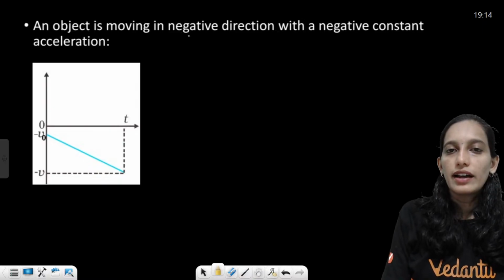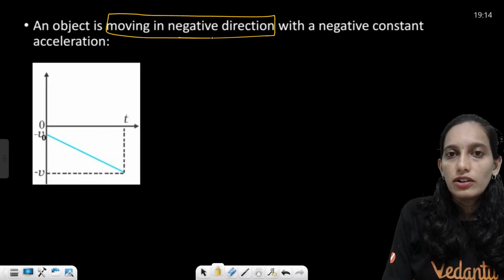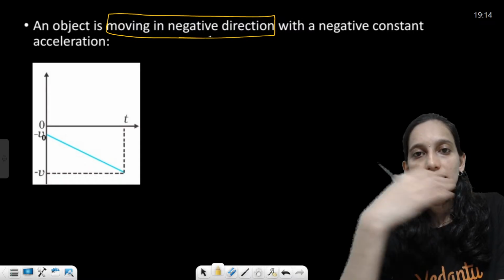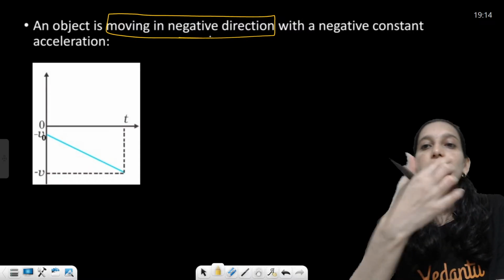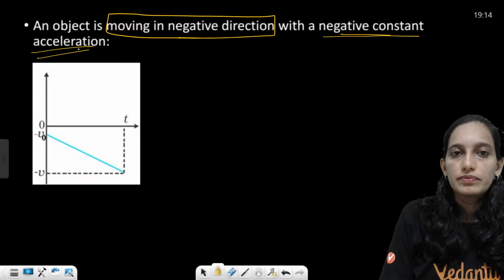If the object is moving in the negative direction, this is important. The object is moving in the negative direction, like along the minus x axis or minus y axis, and it is also having a negative constant acceleration.